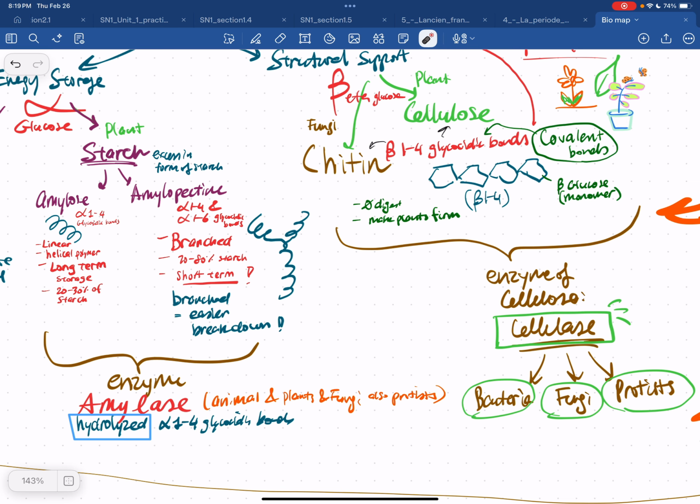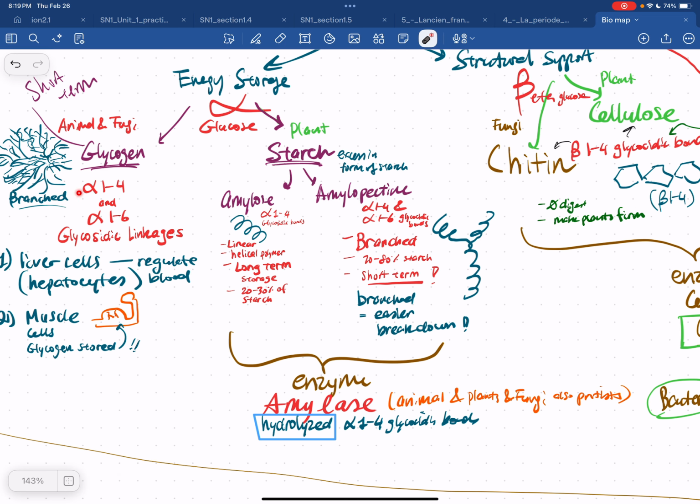So plants use starch and animals use glycogen. That's the difference. Starch is amylose and amylopectin. They are the plant source of energy, with linkage of mainly alpha 1,4, but it could be 1,6 as well. That's what amylopectin looks like, and that's what amylose looks like.